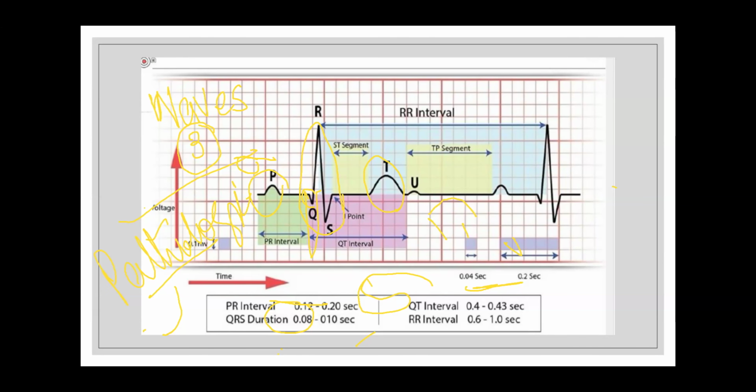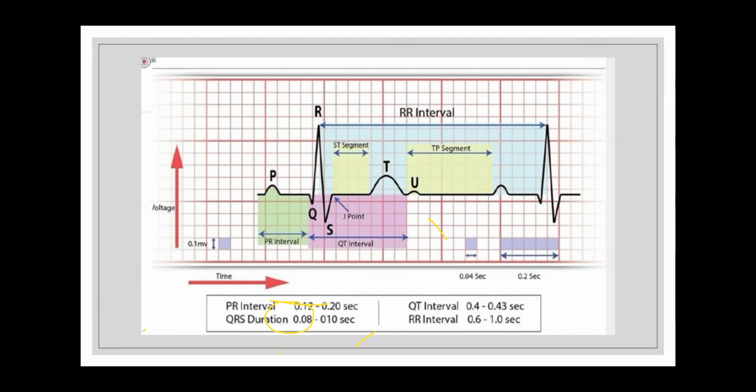But normally in every person, you should have these three waves. Okay, so the P wave, QRS, and T wave. In some normal children, you may have a U wave as well, which is just after the T wave. You may sometimes have a very small wave, but it will not appear in every child.